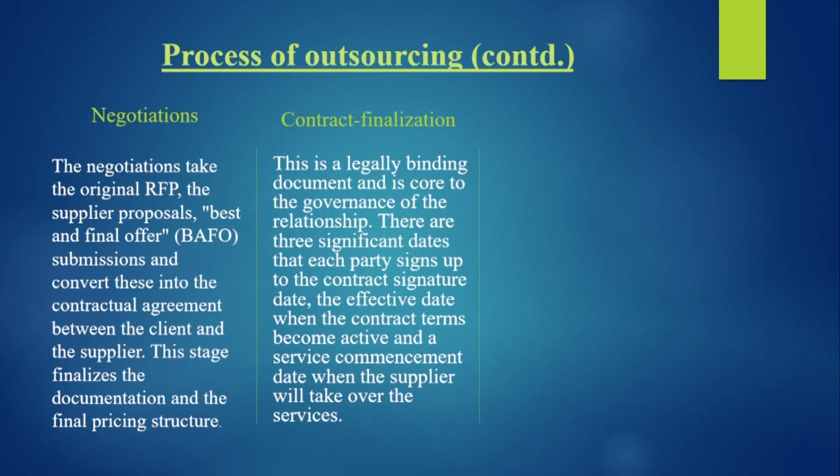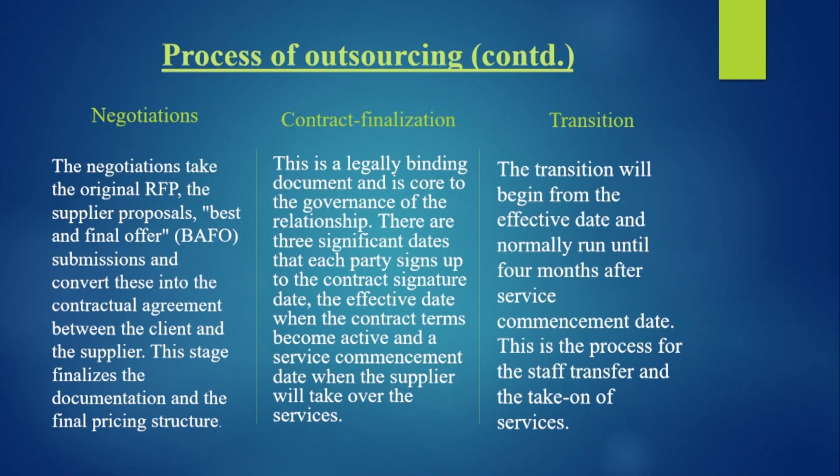This is the legally binding document and the core of the governance of the relationship. There are three significant dates that each party signs up to: the contract signature date, the effective date when the contract terms become active, and the service commencement date when the supplier will take over the services. Then transition. The transition will begin from the effective date and normally run until 4 months after the service commencement date. This is the process for the staff transfer and the take-on of the services.